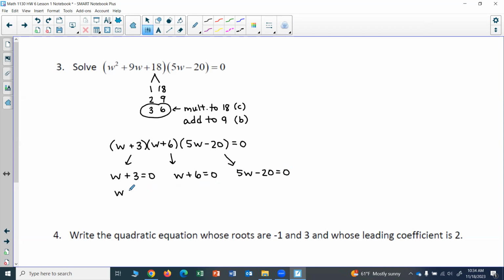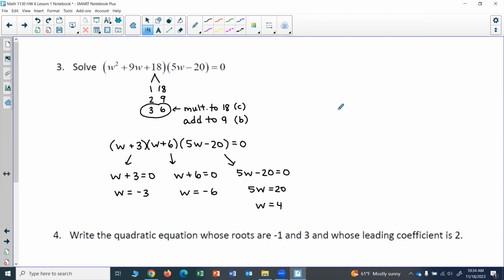So w plus 3 equals 0 gives me w equals negative 3. w plus 6 equals 0 gives me w equals negative 6. And 5w minus 20 equals 0 gives me 5w equals 20. Divide both sides by 5, and I get w equals 4.